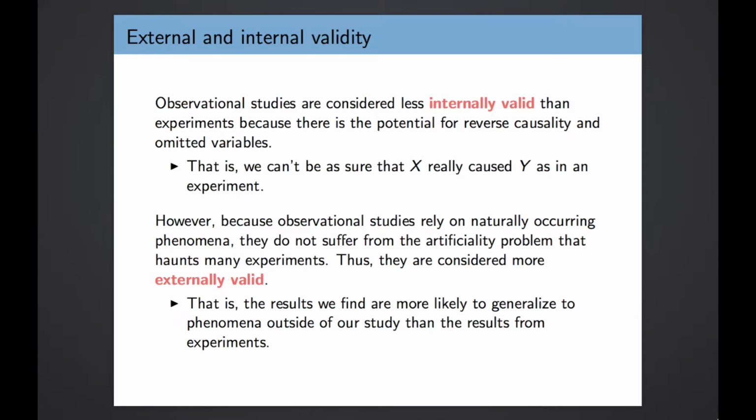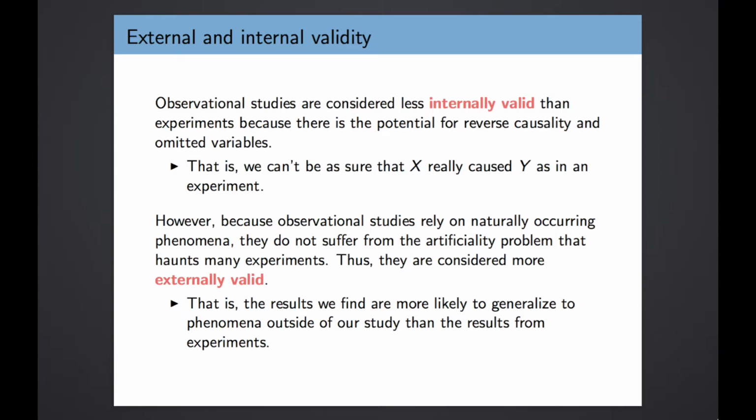In an observational study, internal validity is more of a problem. There is more of a potential for reverse causality to be driving a relationship that we see between our variables, and for omitted variables, for other factors, z, to be influencing the relationship between x and y that we observe if we don't properly take that into account in our research design. So we can't be as sure in an observational study about x really causing y as we can in an experiment.